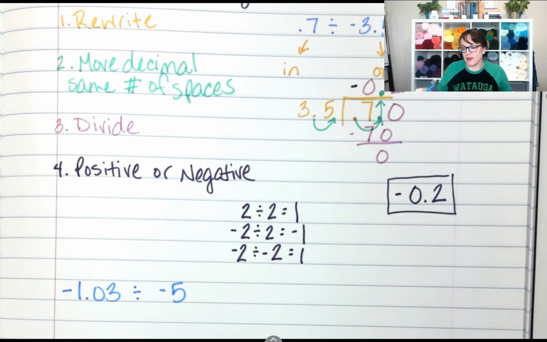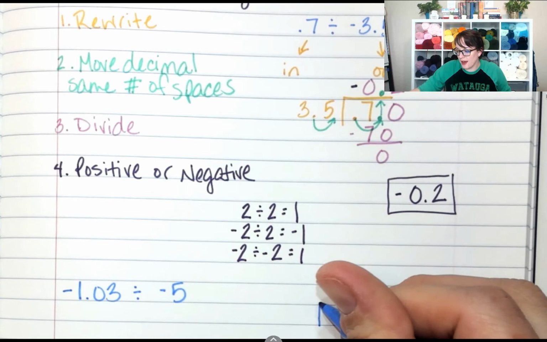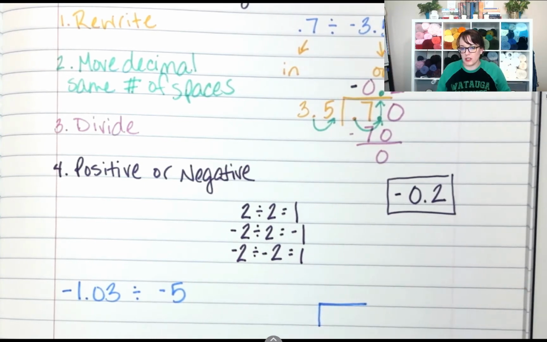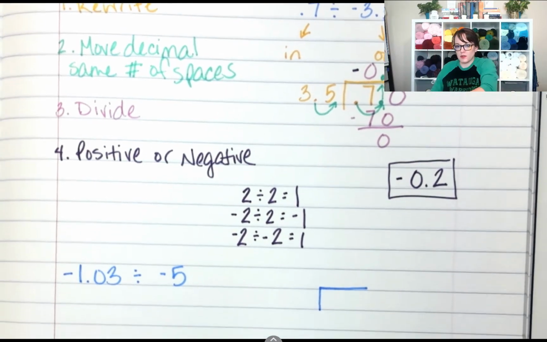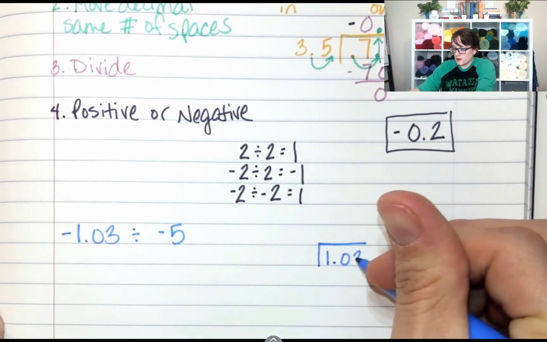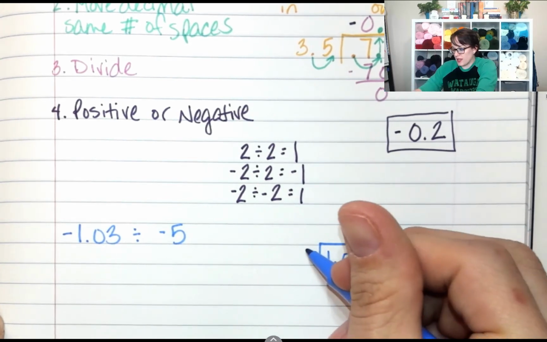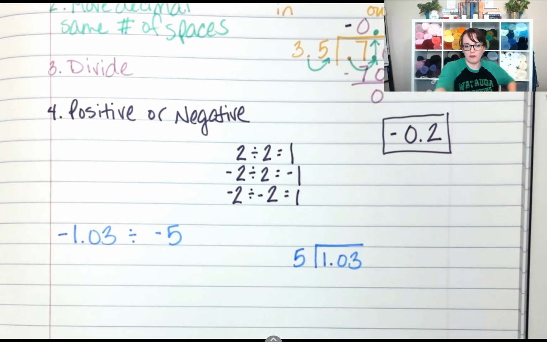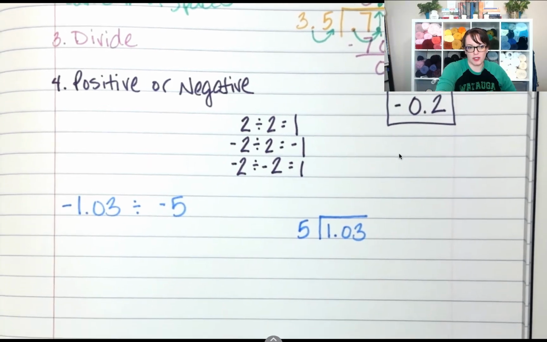I need to rewrite this. Which number is going to go in the house? The 1.03. So 1.03 goes inside the house. So 5 goes outside the house. I'm going to leave off my negatives because it's not going to change my work.